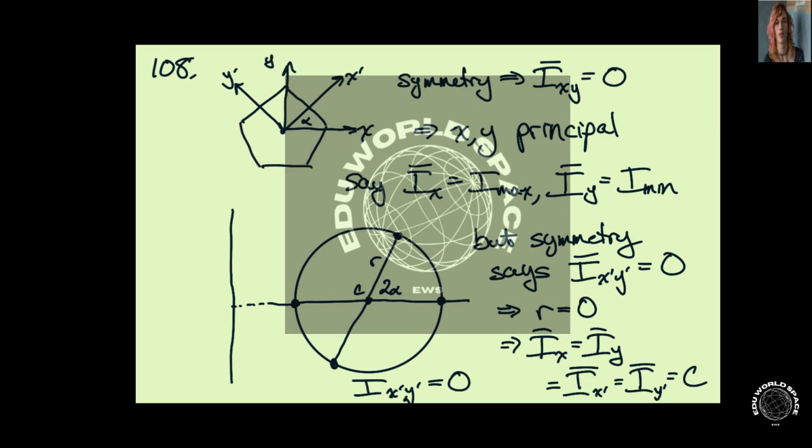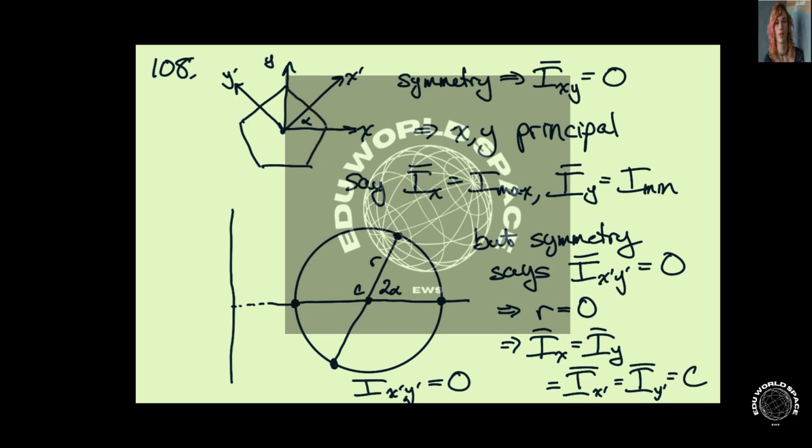And in fact, what we can say is that any regular polygon can be thought of as just a circular cross section with the appropriate radius, because no matter which axis we bend around, it's going to have the same stiffness properties, just like a circular cross section would. And it's all because of symmetry.